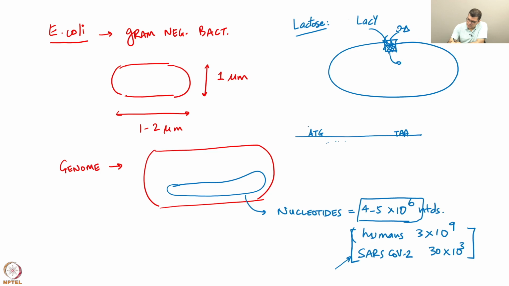This sequence that starts with ATG and ends with one of the 3 stop codons corresponds to an amino acid chain which would be formed when transcription and translation take place. As a result, this particular sequence on the genome of the organism is called one gene, and every gene has a unique name. The name for this particular gene, whose product is responsible for transport of lactose, is LAC-Y.